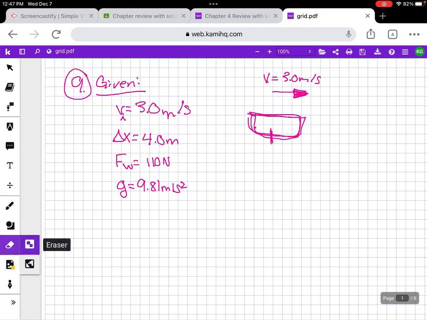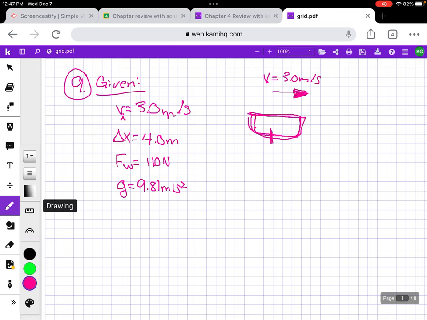And it travels from here to here. This is 4.0 meters.